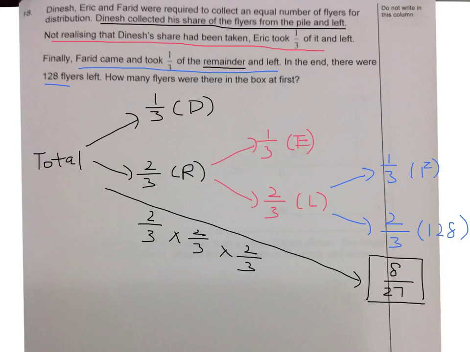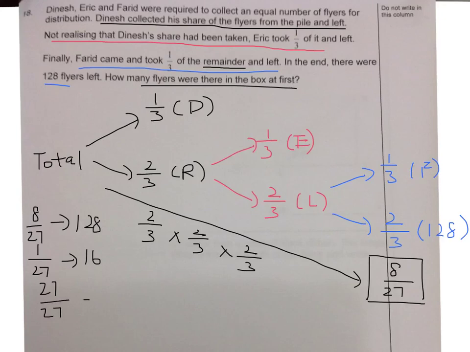So we know that 8 over 27 will give us 128. For 1 over 27, we take 128 divided by 8, that will give us 16. How many flyers were there in the box at first? There has to be one whole, which is 27 over 27. 16 times 27, we'll get 432. So our final answer for question 18 is 432. That's the end of the paper.